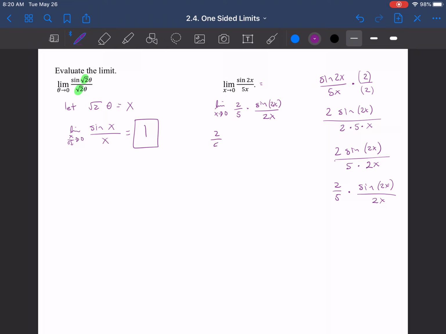So I can put this out front, 2/5 times the limit as x goes to 0 of sine of 2x over 2x. And I'm going to write that 5 a little better. And so this part right here is just going to be equal to 1. So this is going to be 2/5 times 1, which means our answer is just 2/5. Okay? And so that's pretty much the way you want to do those ones. If you see something like that, you want to make sure you get it to be that, just like that.